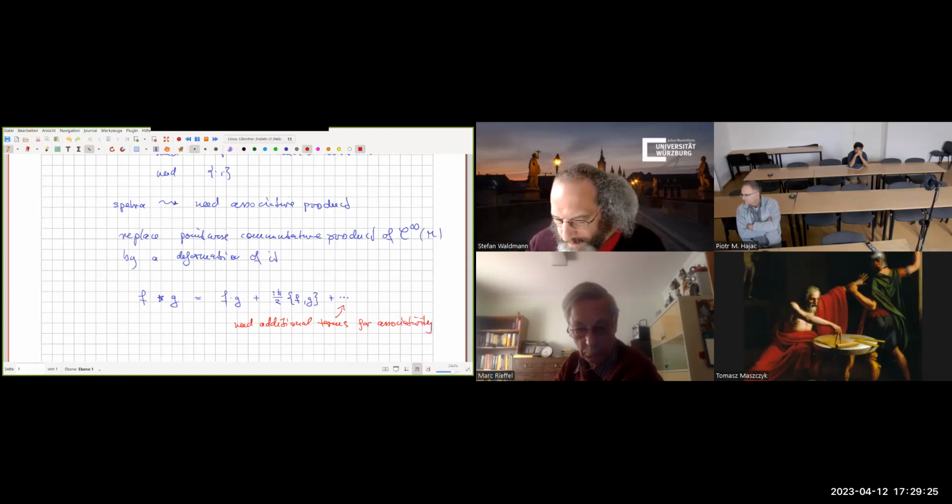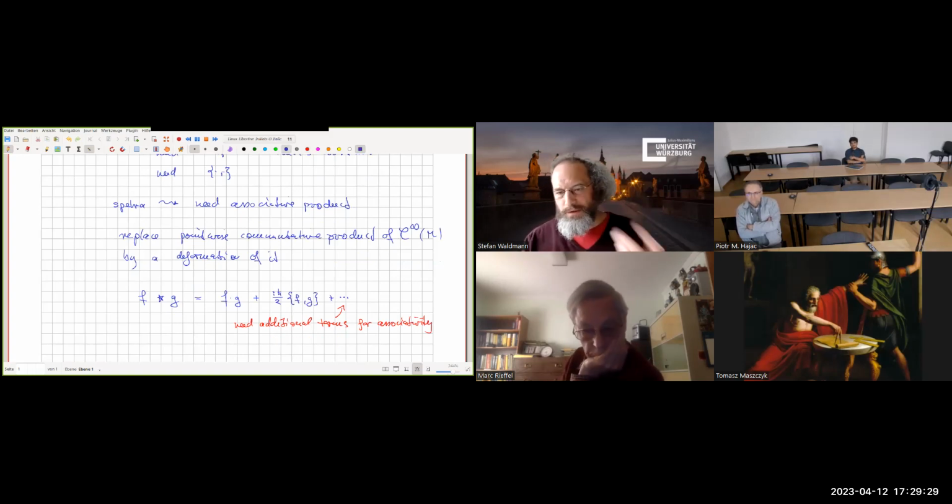And now things become interesting, because if you say, well, I want to restore associativity in the next order of this small parameter. In natural units, h bar is 1, but in units adapted to our daily life, in meters, seconds, and kilograms, the numerical value of h bar is super small.